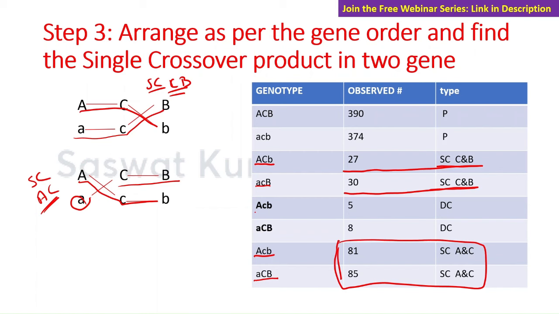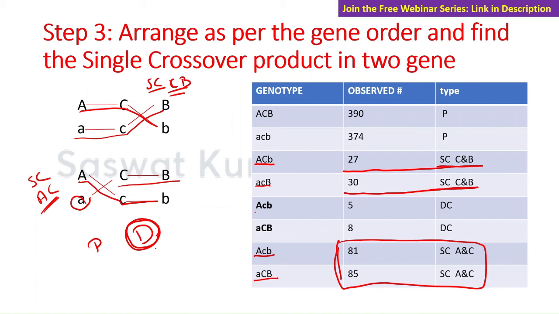So in this case, the most important thing is to find the parental type, then to find the double crossover product. From the double crossover product, you can easily find the order of the genes. Then you can easily find the single crossover product and double crossover product.